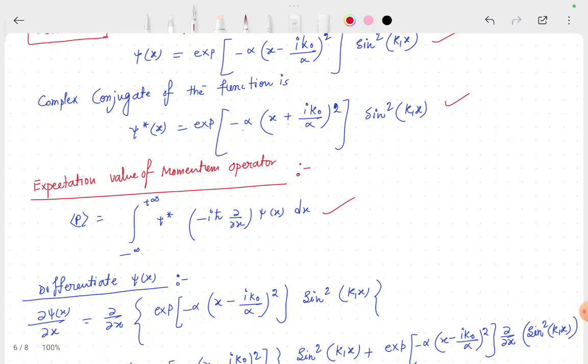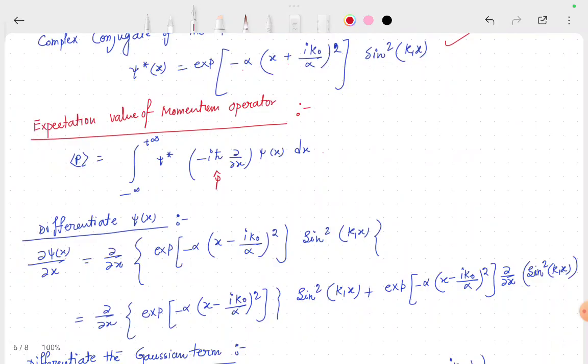This is the exact formula: integral from minus infinity to plus infinity of psi star, the momentum operator minus i h cut del by del x, psi of x. So this equals minus i h cut integral from minus infinity to plus infinity of psi star del psi of x upon del x dx.